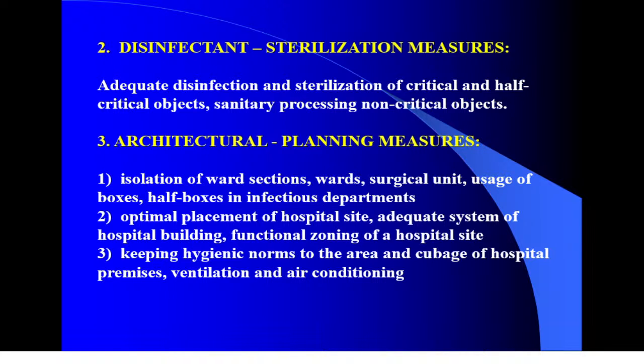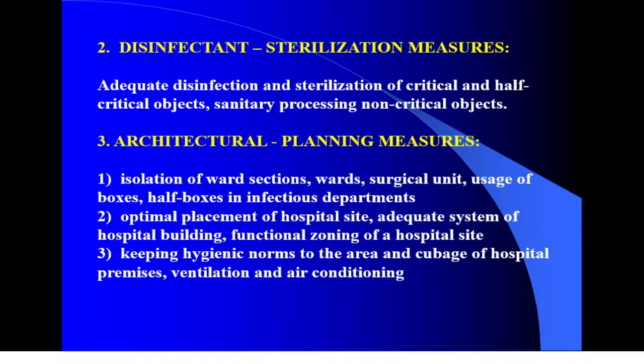Adequate disinfection and sterilization of critical and semi-critical objects, sanitary processing of non-critical objects. Next group of measures: architectural planning, isolation of ward sections, wards, surgical unit, usage of boxes and half boxes in infectious departments.